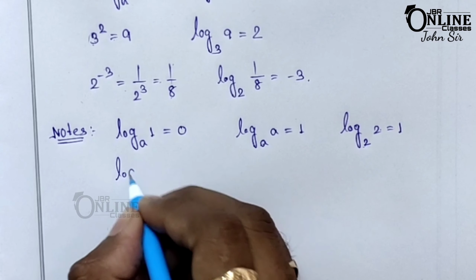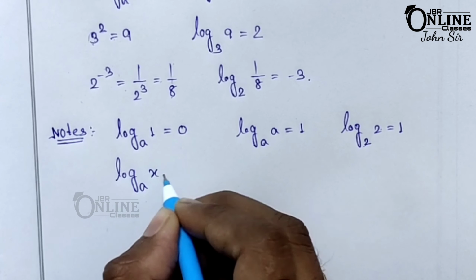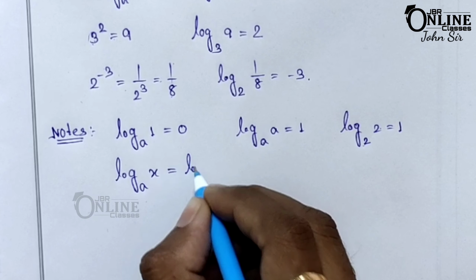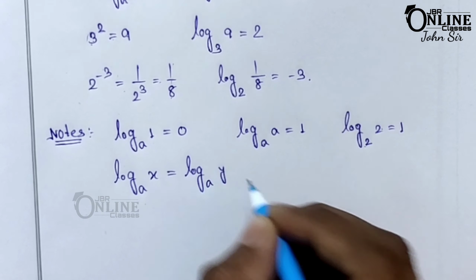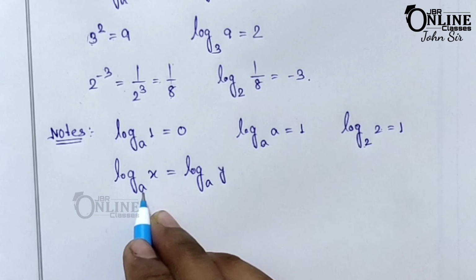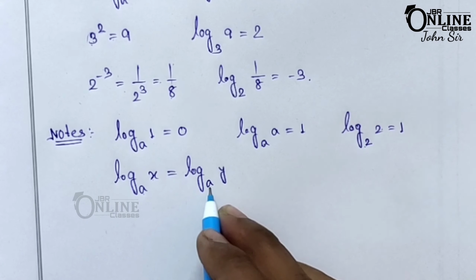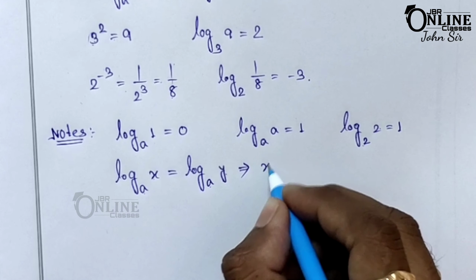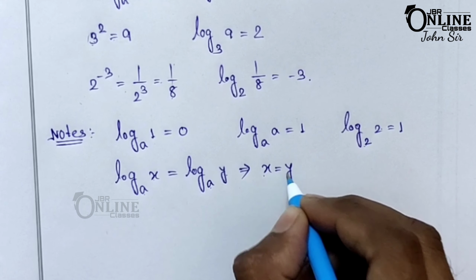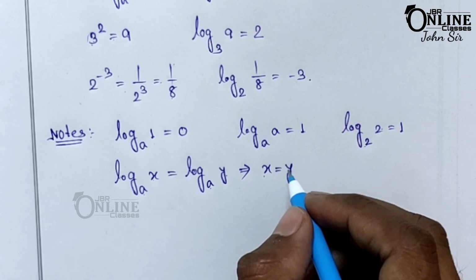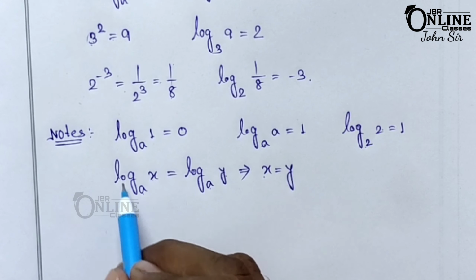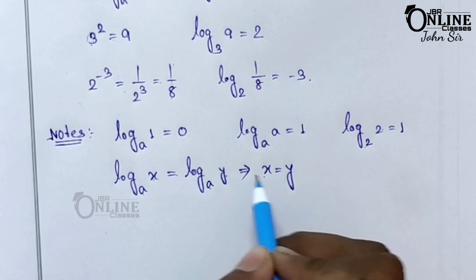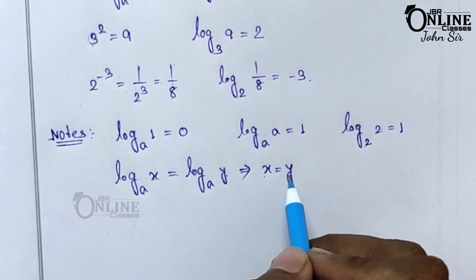Now third, if log base a of x equals log base a of y, if these two are equal, then you can easily write x equals y. Always remember that if log a x equals log a y, that means x equals y.